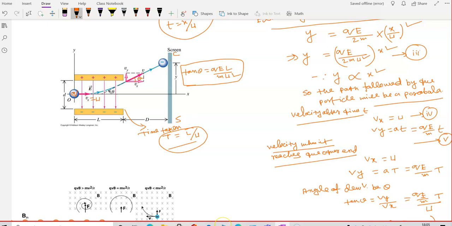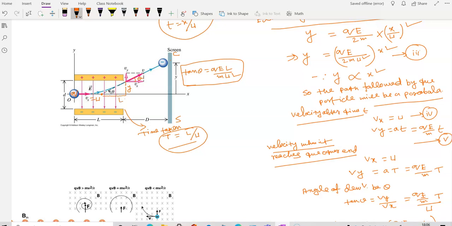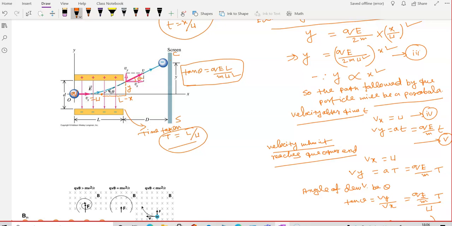Before that, let us see what is the distance of this point where the produced part of this intersects. Can you find it? If we take this is the extremity, this part is Y, then this distance we need to find. If the distance from this end to the point where the produced part intersects be x, then this part is going to be L minus x, isn't it?